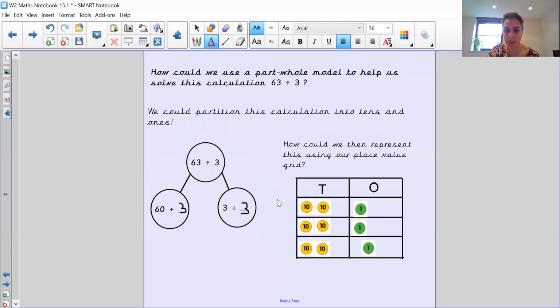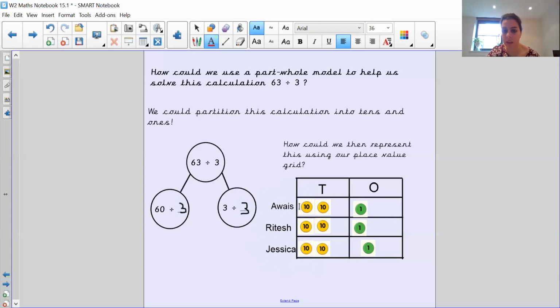Now if I label these, this one's going to be for Wes. This one's going to be for Ritesh. And this one's going to be for Jessica. So the question is, how many does each child get?